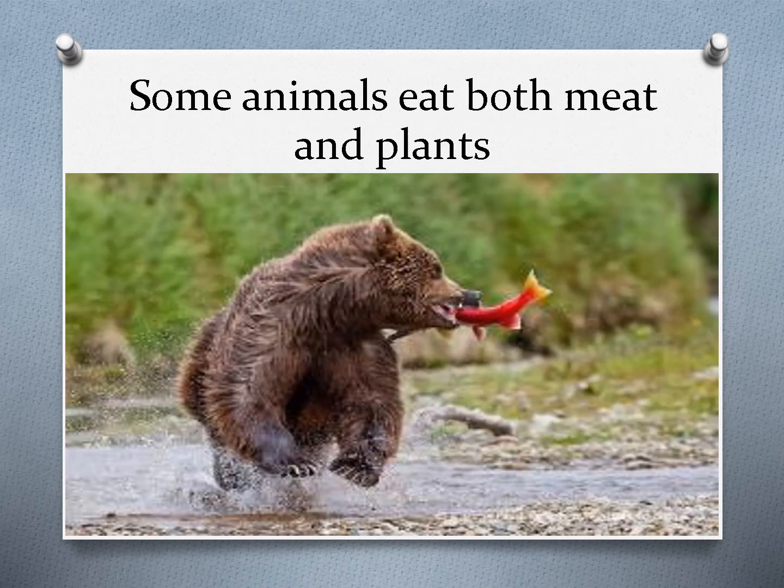There are also animals that eat both meat and plants, just like this bear in the picture. Bears eat smaller animals. They also eat grasses and berries, which are examples of plants.